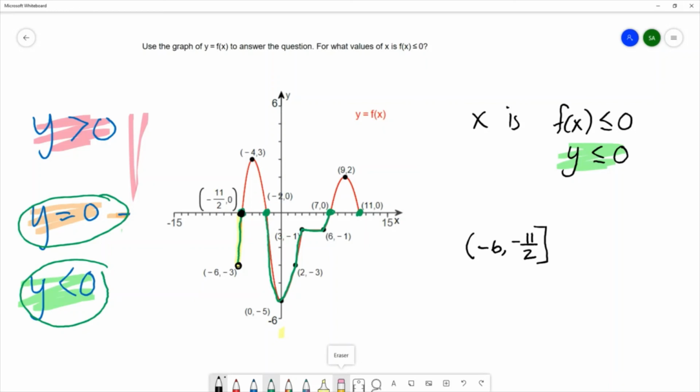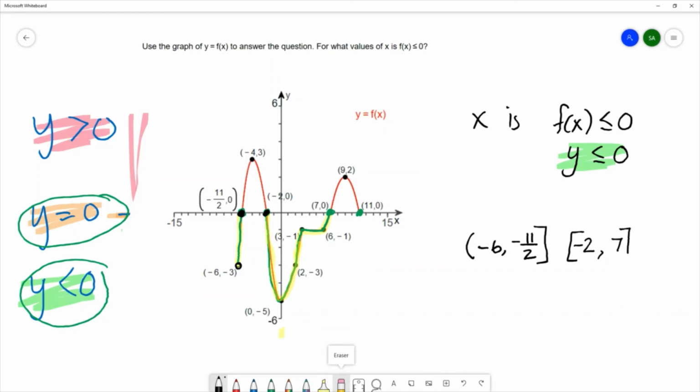Then when I look at this next piece, that piece starts at an x of -2 and ends at an x of 7. I'm going to put a bracket on -2 because -2 is on the x-axis and y equals 0 on the x-axis.